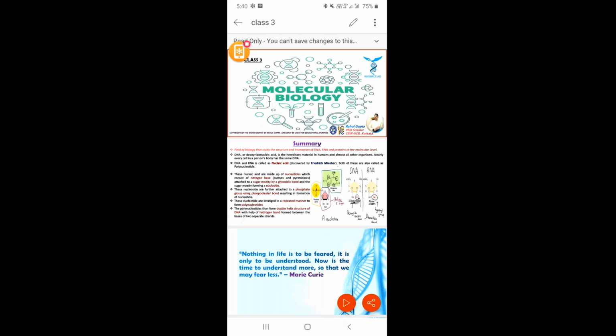Now, if we see from above, four carbons, 1, 2, 4, 5, will be in the same plane, and carbon 3 will be towards you. It means that it is on the upside, then it is called carbon 3 endo. Similarly, if carbon 2 of the pentose sugar is towards you, it means C2 endo.